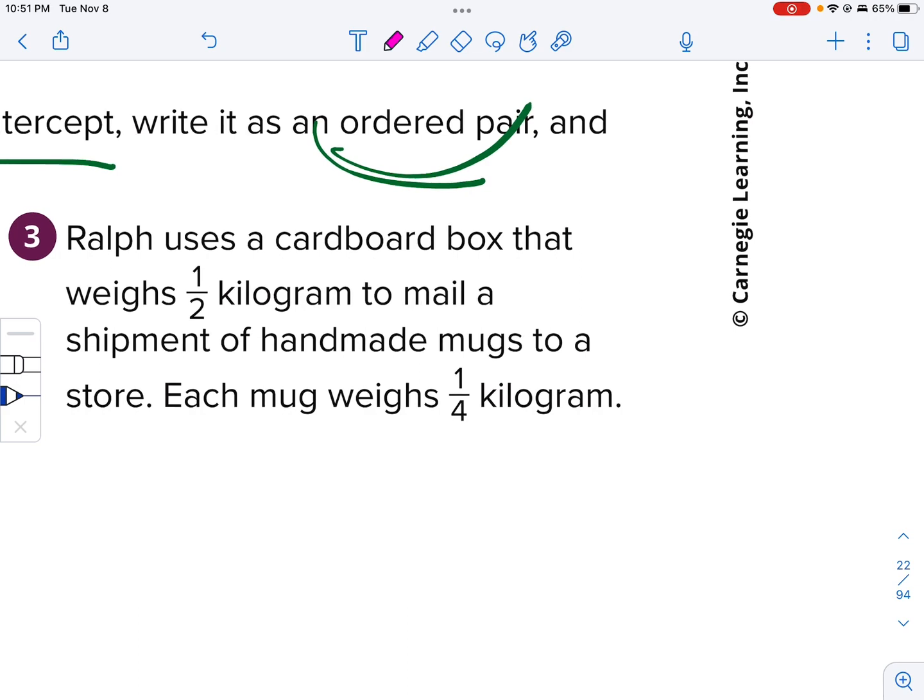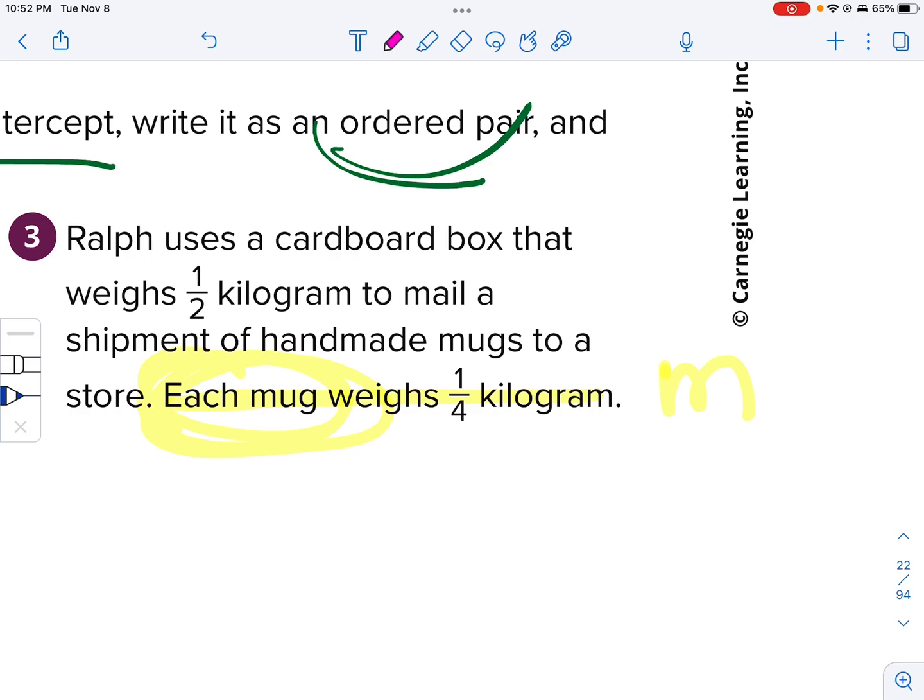So let's look at over here. Ralph uses a cardboard box that weighs a half a kilo to mail a shipment of handmade mugs to a store. Each mug, that's going to give me my slope.